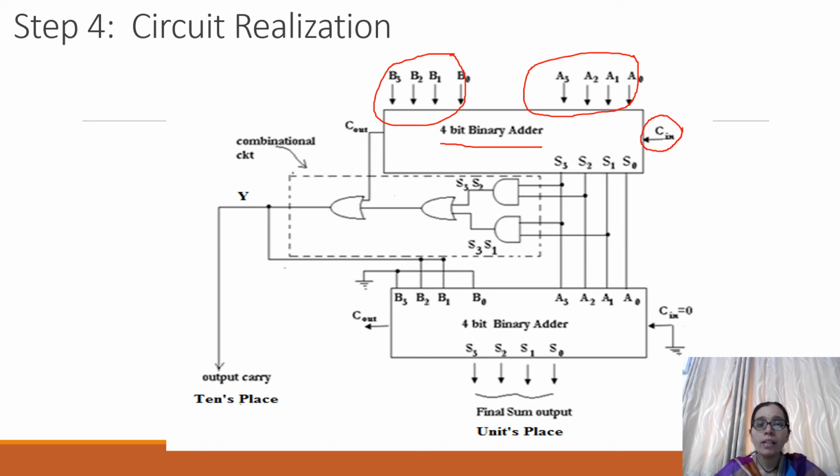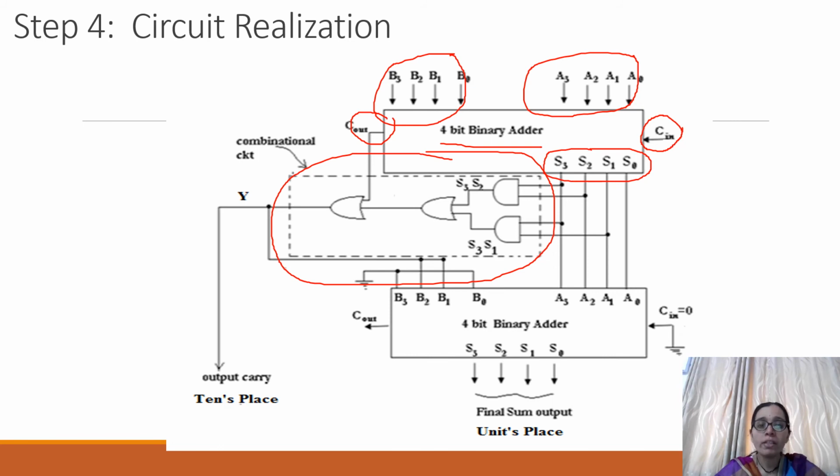Whatever addition this adder does, this combinational circuit will check whether to add 6 or not. When to add 6? Whenever the result is greater than 9 or whenever Cout is equal to 1. So this combinational circuit will do that. Therefore, the combinational circuit has inputs Cout, S3, S2, S1 and S0.